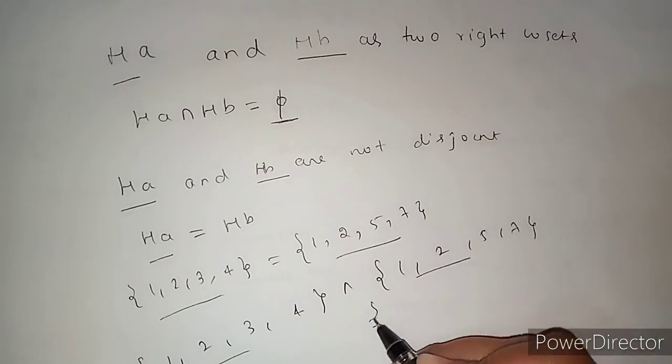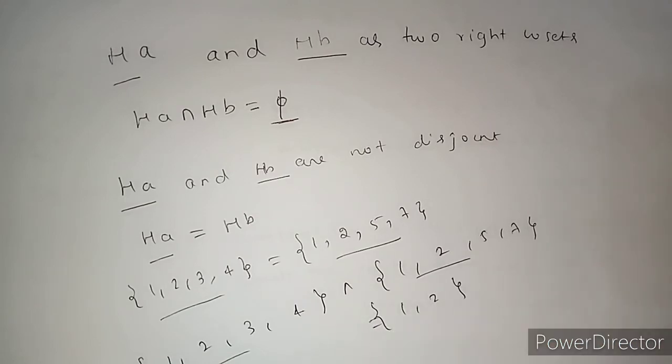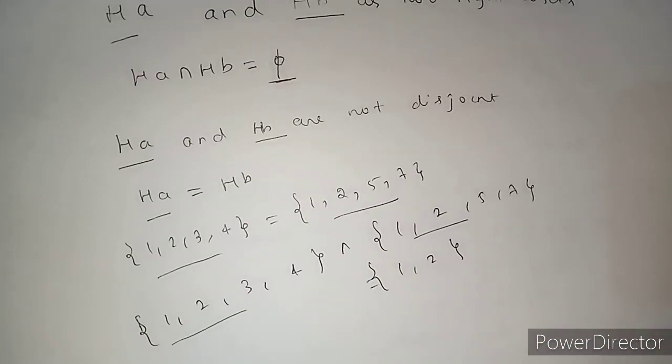These two contain 1, 2 as common. But this right coset should contain all the 4 elements as same. That means if Ha contains 1, 2, 3, 4 as elements, Hb should also contain 1, 2, 3, 4 as elements. Then they are identical.